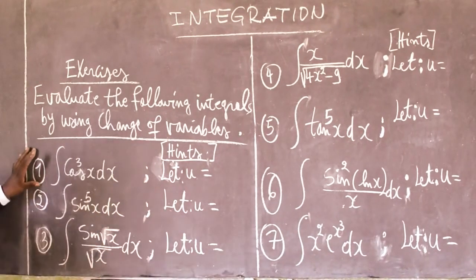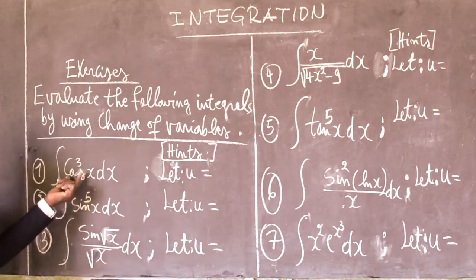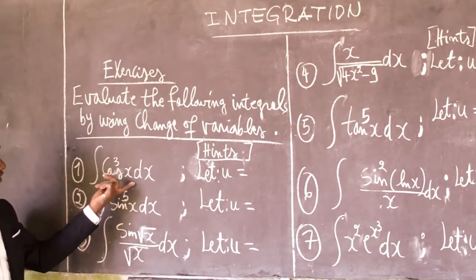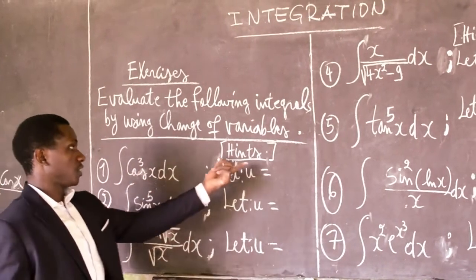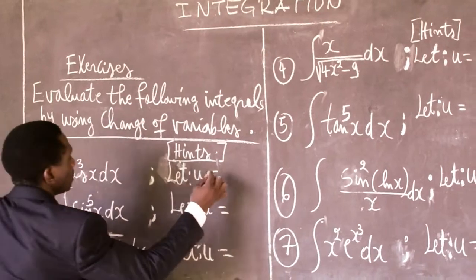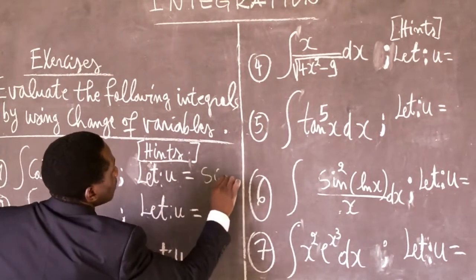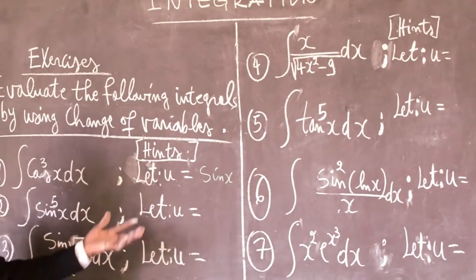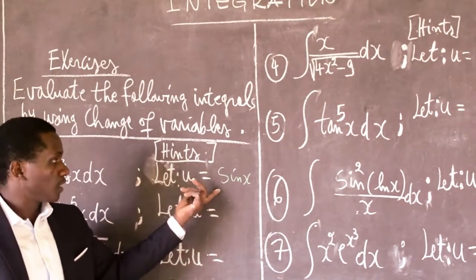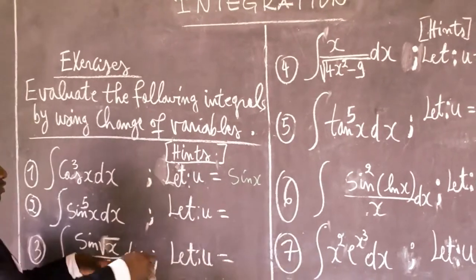So we have number 1, the integration of cosine^3 x dx. To evaluate this integral, we have a hint. It means we need to assume that u equals sine x. Then after, we can continue by differentiating both sides. Then we change the variable and we continue.